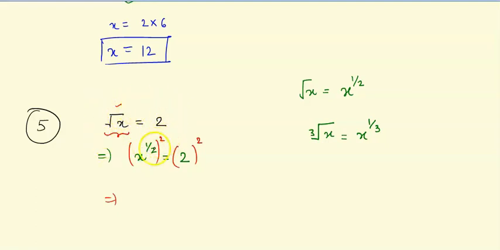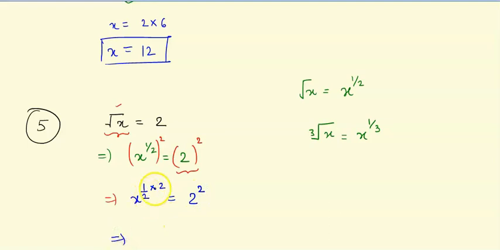If we do the square here, we also have to do it on the right hand side. So how can we write this, that is 1 by 2 into 2, and this is equal to 2 to the power 2.